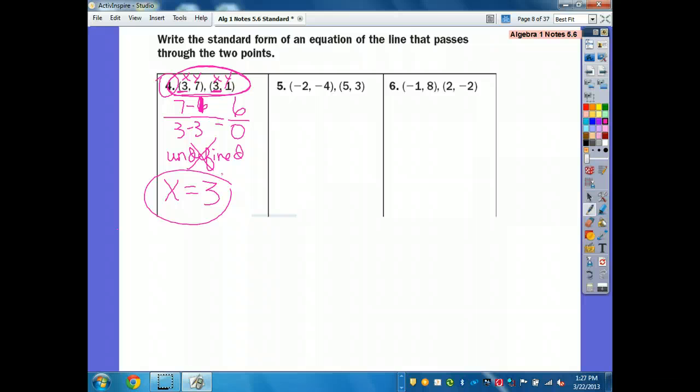This is where you'll have, on the back, like 5 or so like this. First thing I need to do is find the slope. So everybody find their slope so we make sure we're all working with the right slope.